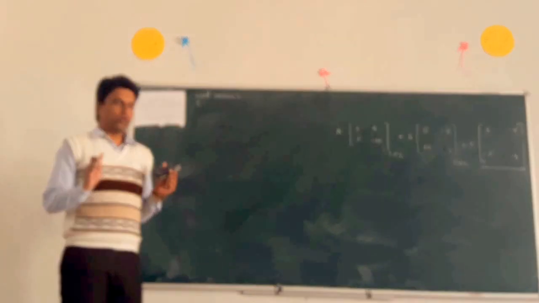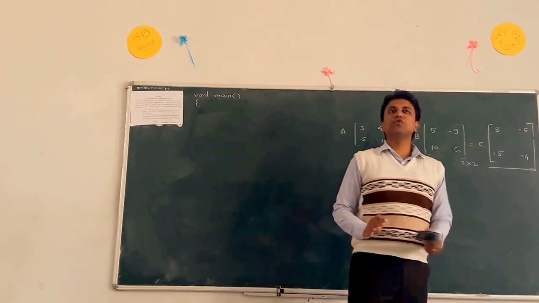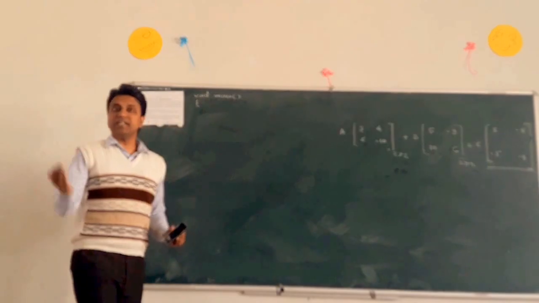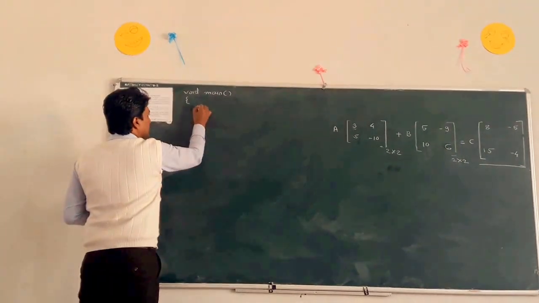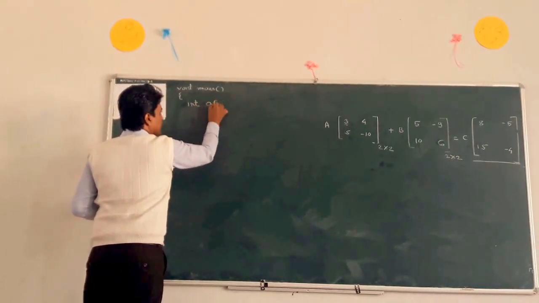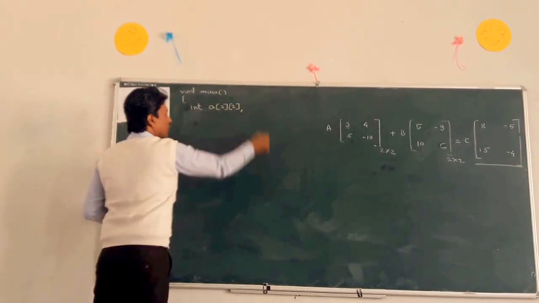First thing, we want to declare three two-dimensional arrays. Clear? So first declare them, only declare them. So how to declare it? It is an integer type array. So int, take A, that is the first array, size 2 by 2, comma.